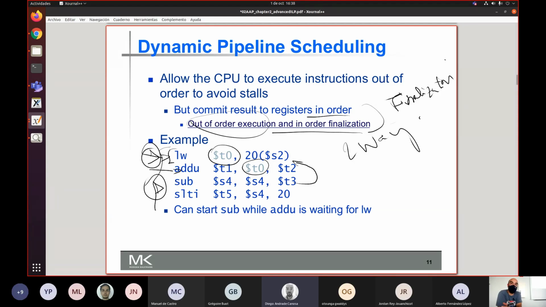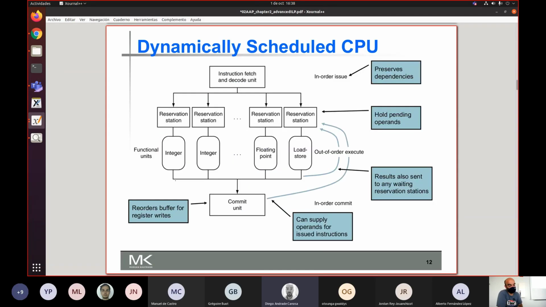Okay, so this is a deeper overview of the dynamically scheduled CPU. There is something that we didn't mention before. We are not going to enter into detail of what this is and how it works, but basically, when you work this way, you are going to have many pending operands, okay? And in order to manage this situation, you need a piece of hardware that is called a reservation station, okay?